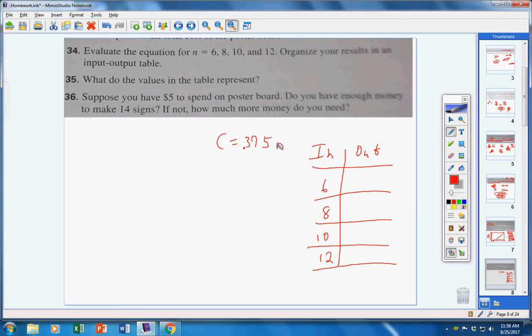Alright, and so here we go. First of all, we're going to substitute 6 in for n right here. 6 poster boards, and we're going to get $2.25 for our cost.